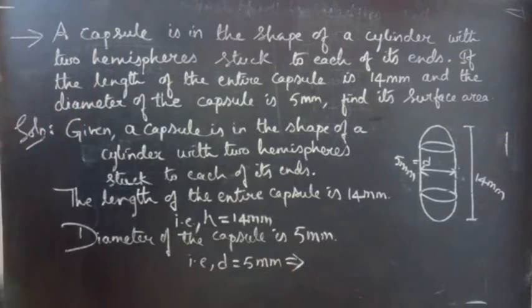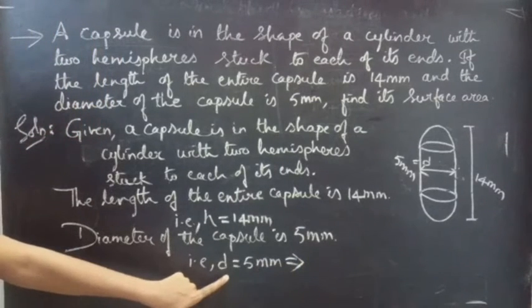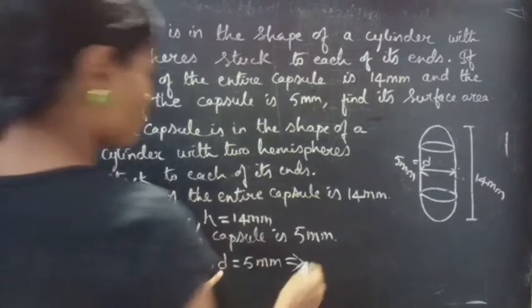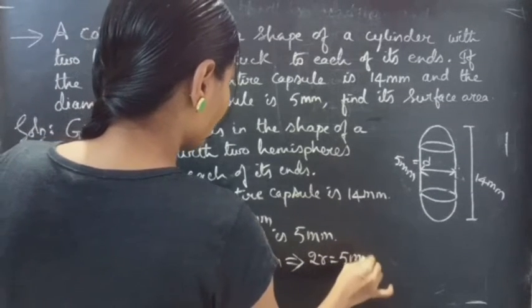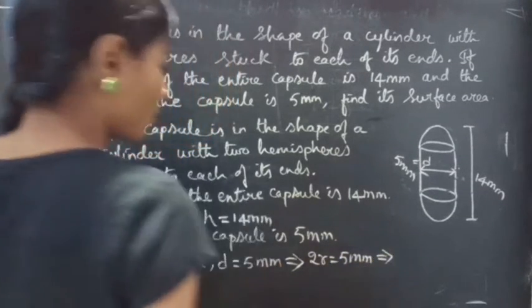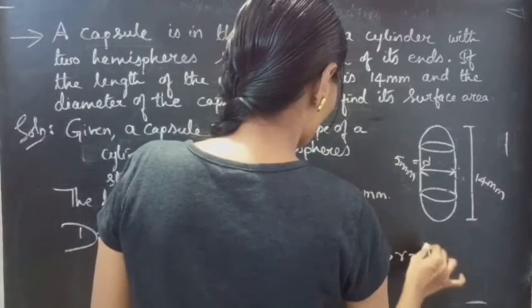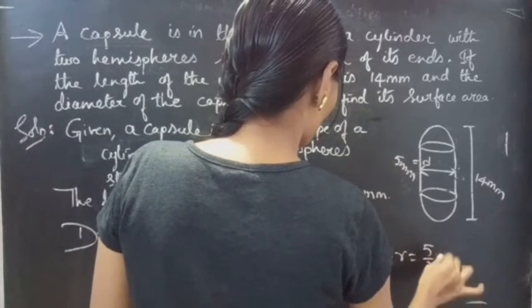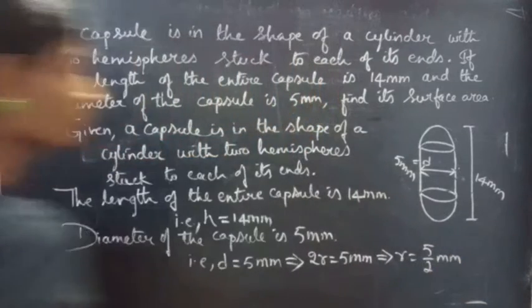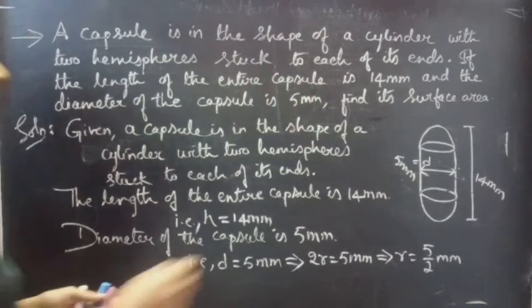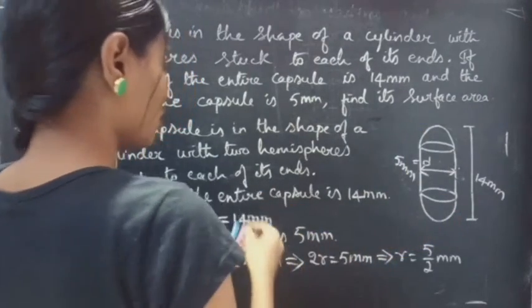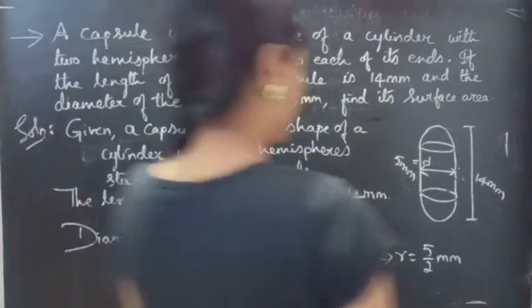Then we know that diameter is 2 times the radius, right? So you write it as 2r equals 5 mm. Then r equals 5 by 2 mm. So we are asked to find its surface area.